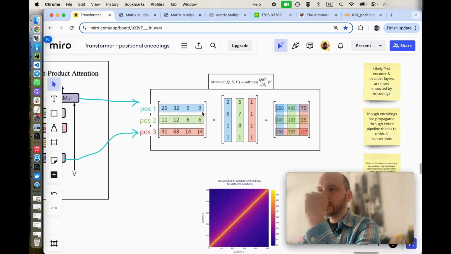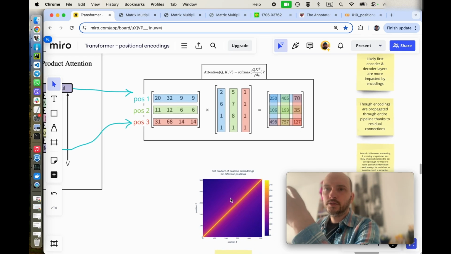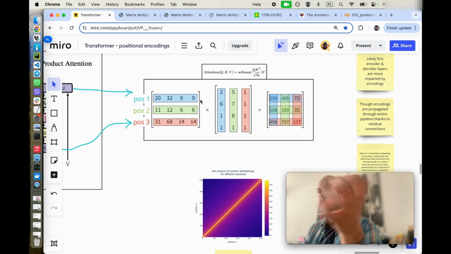And this matrix multiplication will produce a higher value in case vectors are more similar. And as you remember, for nearby positions, vectors are more similar and produce a higher dot product. And thus attention will just be higher because we will multiply a vector by a more similar vector, because positional encodings are similar. And this number will have a higher chance to be higher, and thus it will be amplified by softmax.